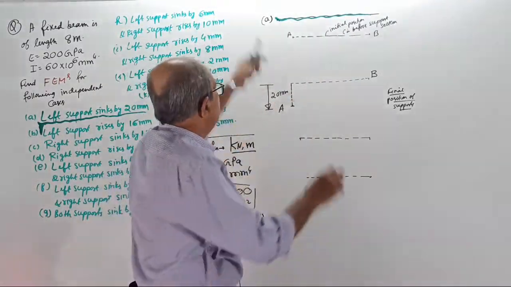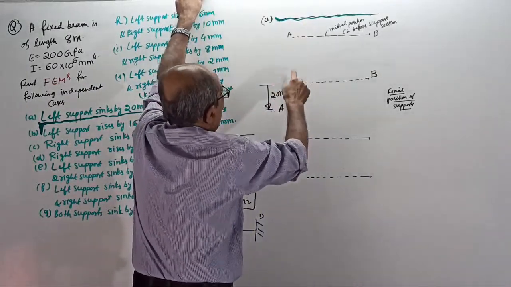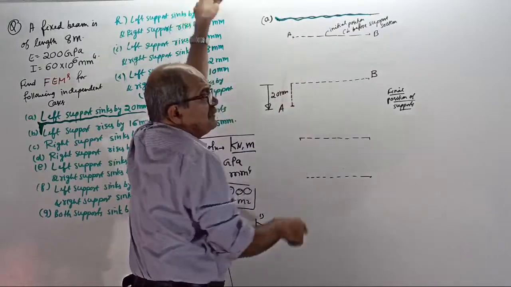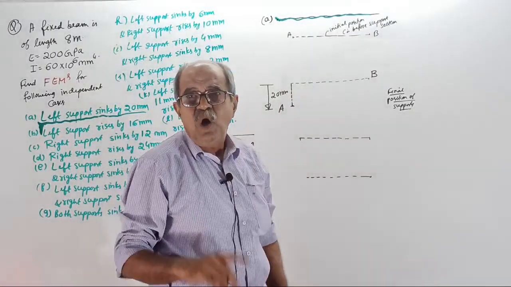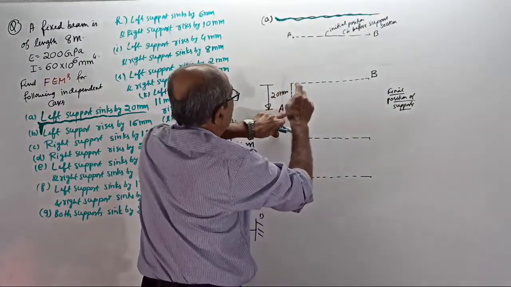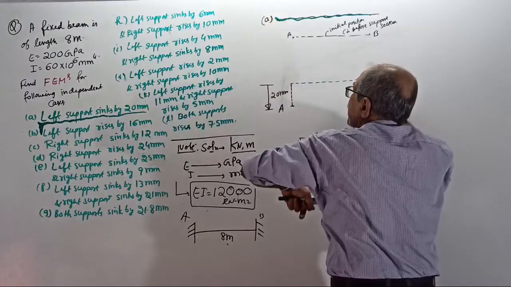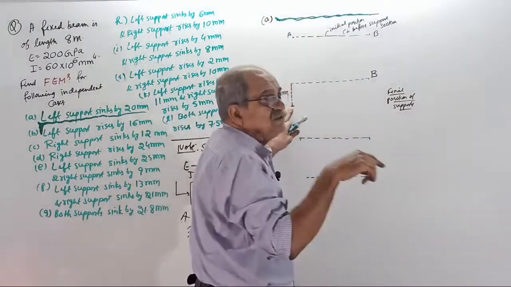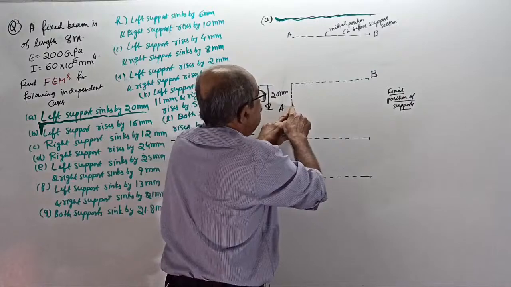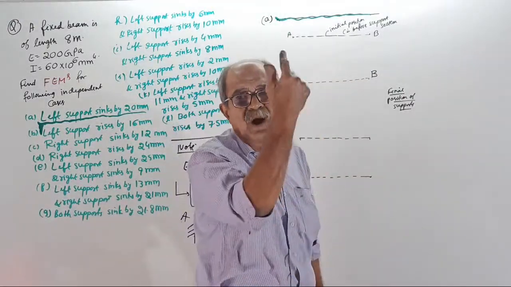I will tell you. As per the question, support A sinks by 20, support B nothing. Or you can also tell this is with respect to B, support A comes down by 20. Or you can also tell this as with respect to A, support B is what? 20 mm up or down.